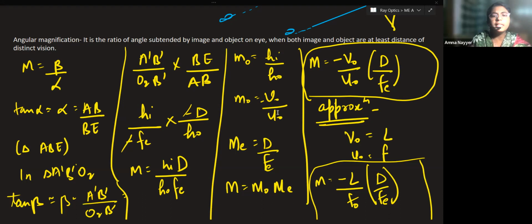M is equal to beta by alpha. What is beta? What is alpha?